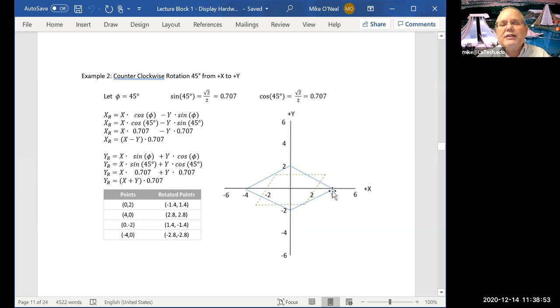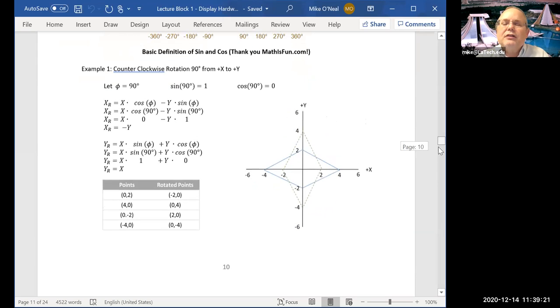Since this point is 4, 0, and points are rotated independently, it's still going to end up here at 0, 2. But the object would be up here, because this anchor point got shifted over. If we were doing it by 90 degrees, it would be this whole thing. Maybe I should shift back to the 90-degree one so it's easier to see.